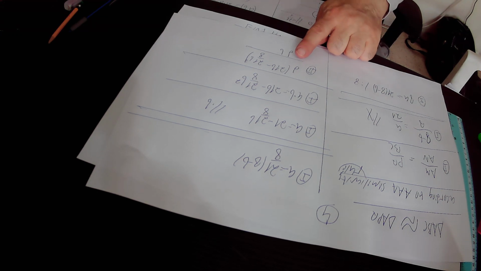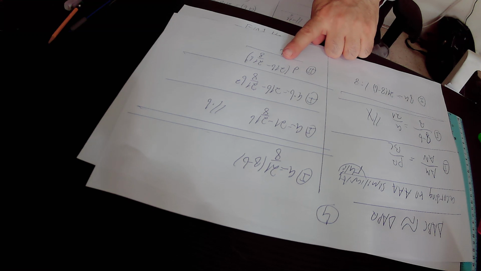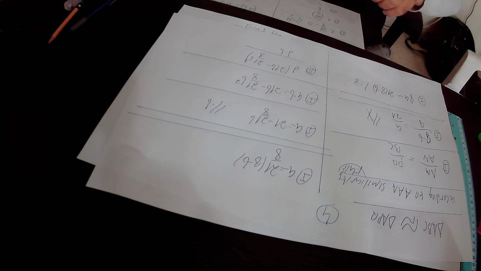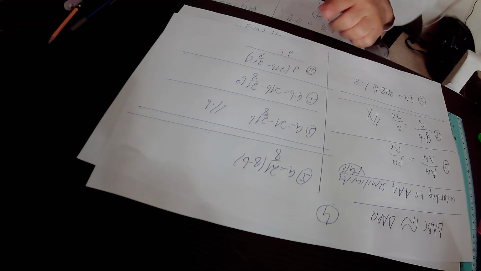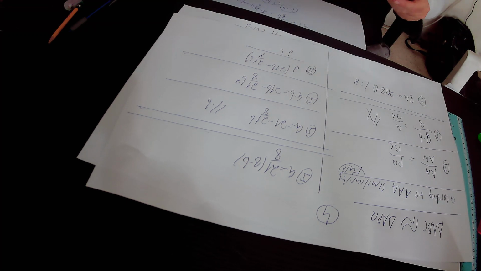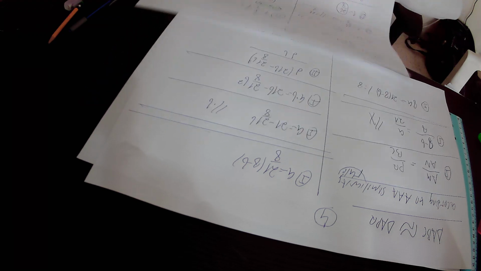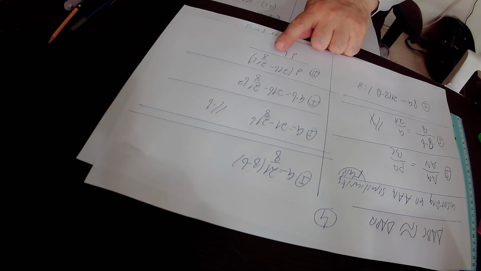So what is the derivative of 21b? The derivative of b is 1, and therefore this expression in total equals 21 times 1, that is 21. So the derivative of 21b is 21. And what is the derivative of minus 21 over 8 times b squared?